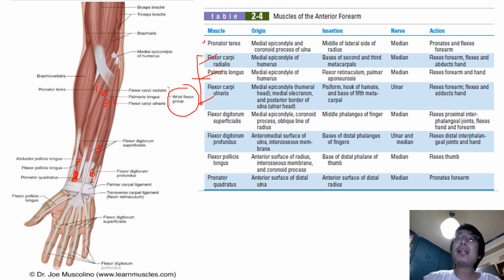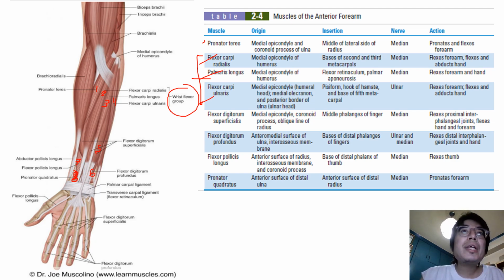It is innervated by the median nerve, and the function of the flexor digitorum superficialis is, as the name implies, to flex the PIPs, the proximal interphalangeal joints, and they also flex the hand and the forearm.